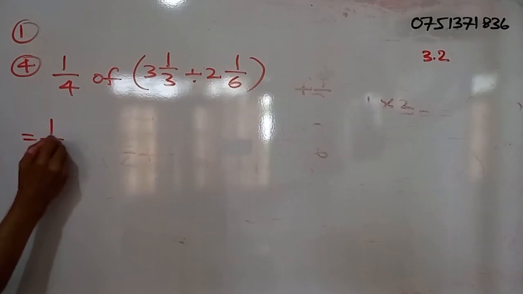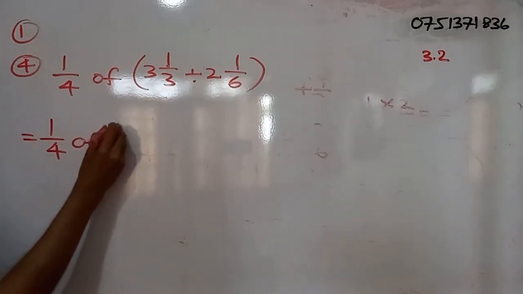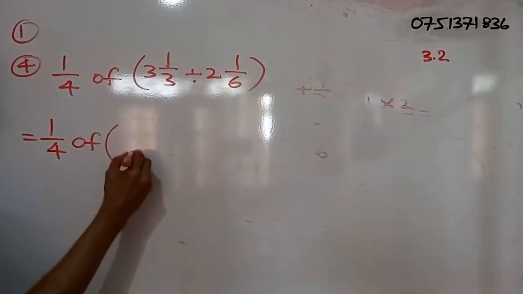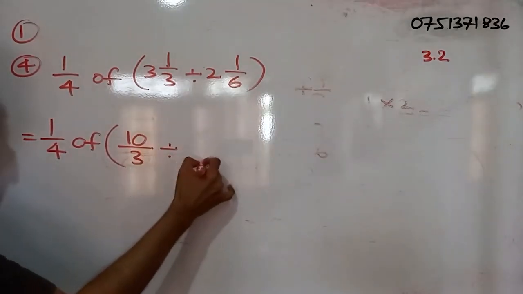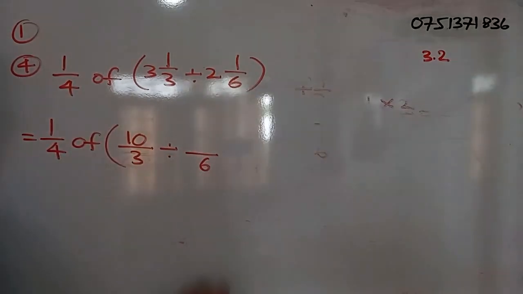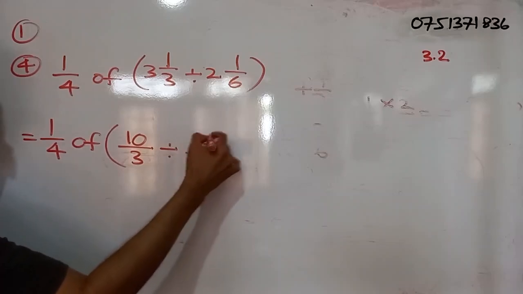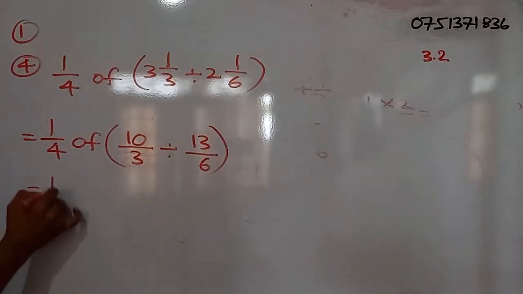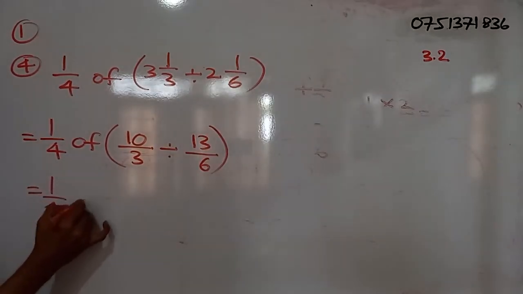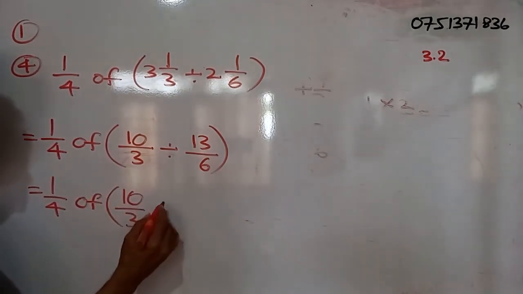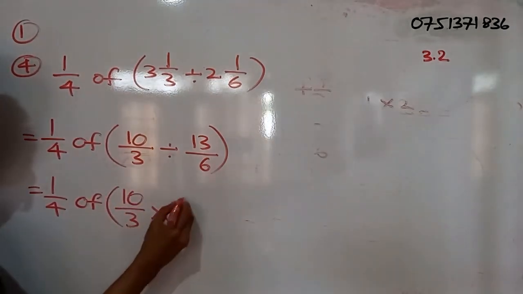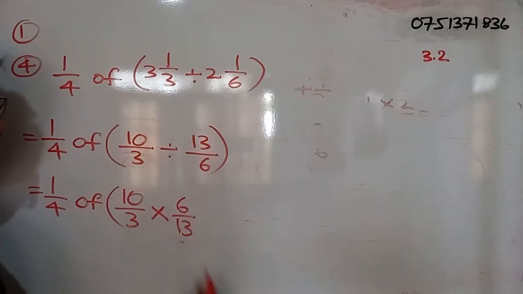Right? So 1 by 4 of, here the denominator will be 3, the numerator will be 10. Divide by, denominator will be 6 and the numerator will be 13. Right? 1 by 4 of 10 by 3 multiplied by 6 by 13.